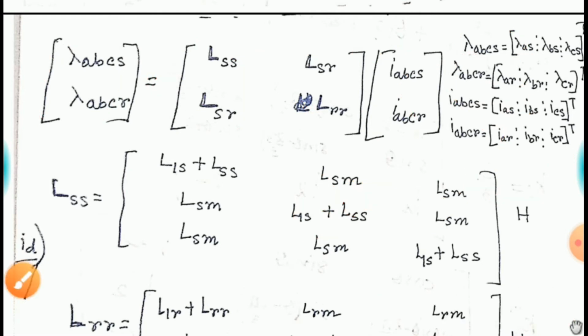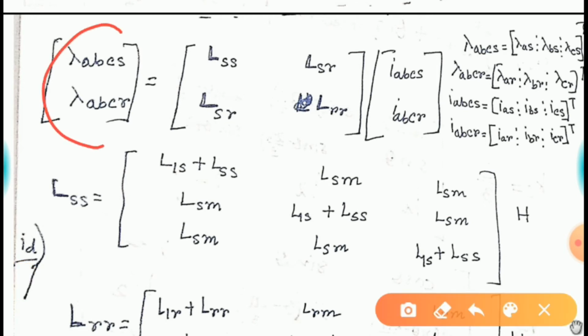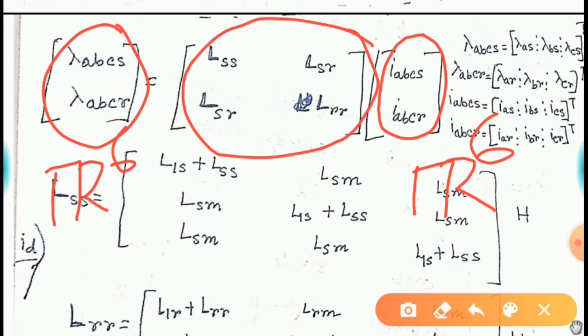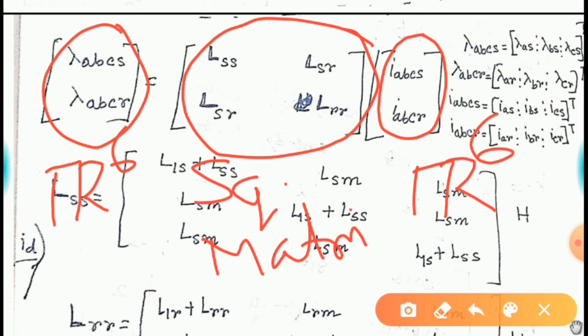And obviously in the present case, where we have R6 here and R6 here, we can understand that this transformed inductance matrix becomes a square matrix, right?